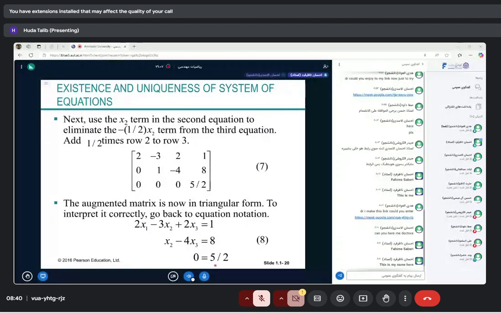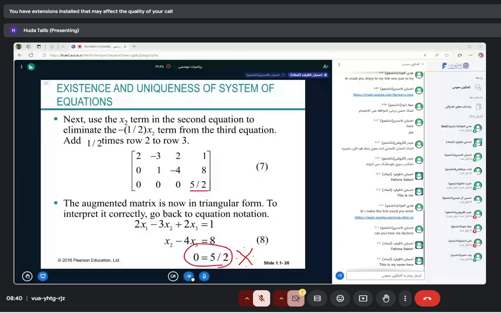But one important thing that we face here is this one. Now this is 0, x1, x2, 0, x3, 0. But here we have 5 by 2. So 0 is never equal to 5 by 2. This is impossible. When we come to this situation, we say that the system of linear equations is inconsistent, which means that it has no solution, 0 solutions.